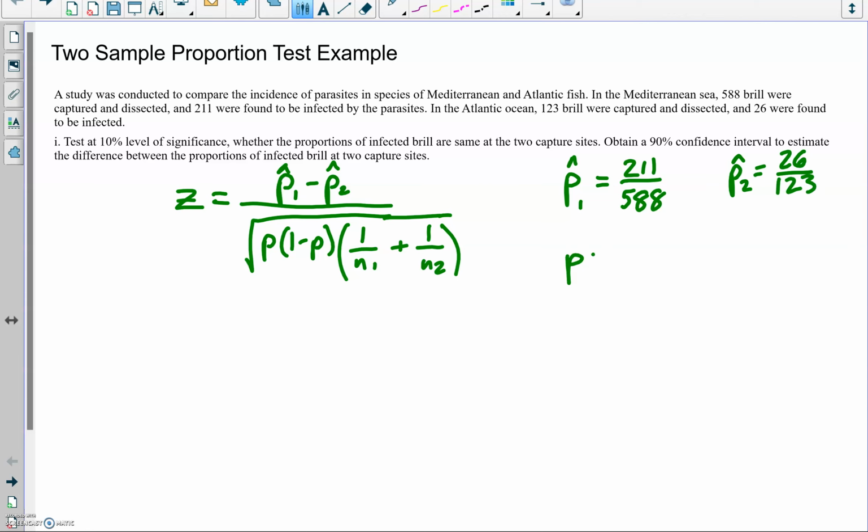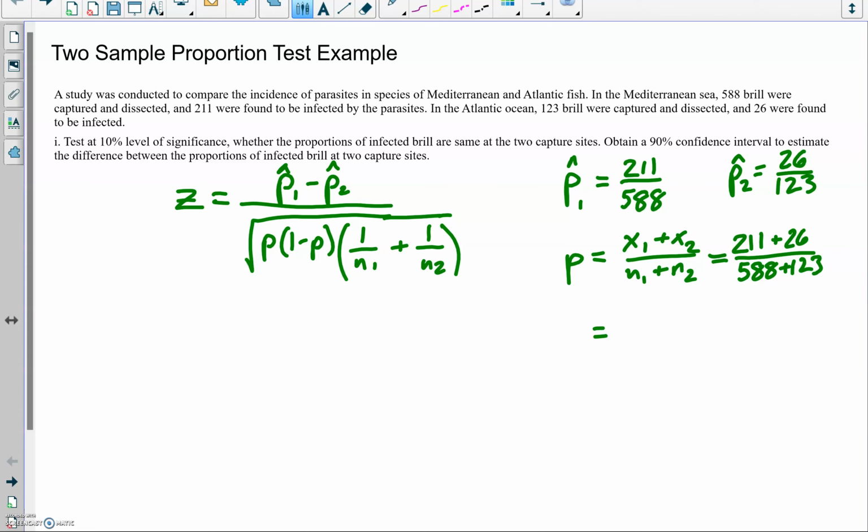Now the p is what they call the pooled proportion. And the formula for that is just x1 plus x2 over n1 plus n2. And in order to get the x1 and x2, we're just using the successful ones that were found infected. So we'd have the 211 for x1, and for x2 we would have the 26, and we'd have this over the 588 plus 123, the two n's, the totals that were selected.